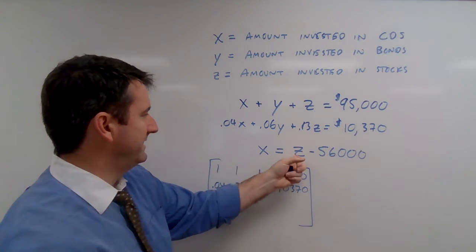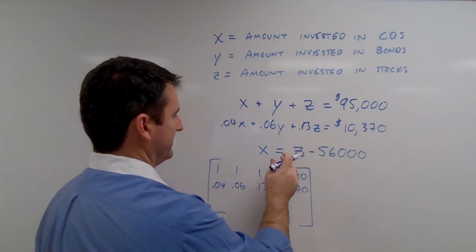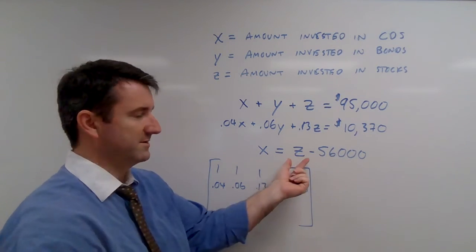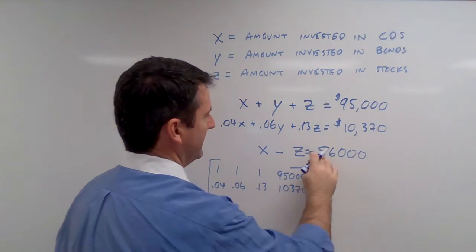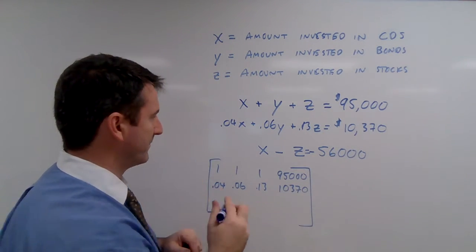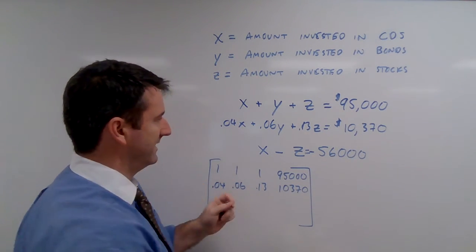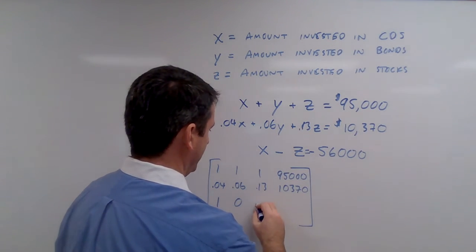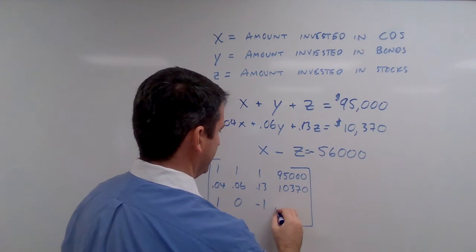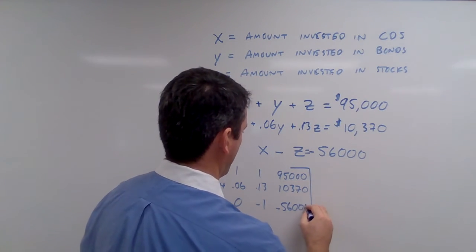And then for this one, we need to move this z over to the other side of the equation. So subtract z from both sides. We get x minus z equals negative 56,000. So we have 1x plus 0y minus 1z is equal to negative 56,000.